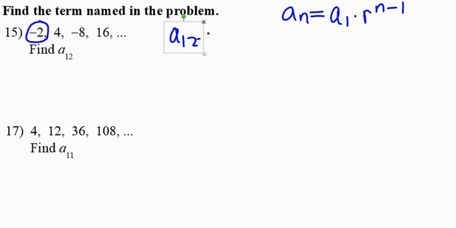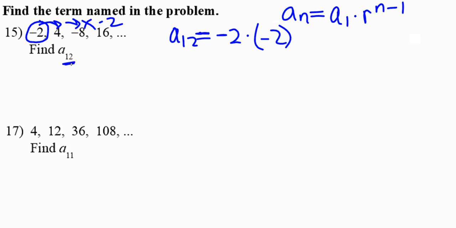A12 is going to equal that first number, -2, times the R value. How do we get there? Looks like it's times -2. So times -2 to the n-1. But n in this case is 12, so n-1 is going to be 11. All right, so that's going to be the number.